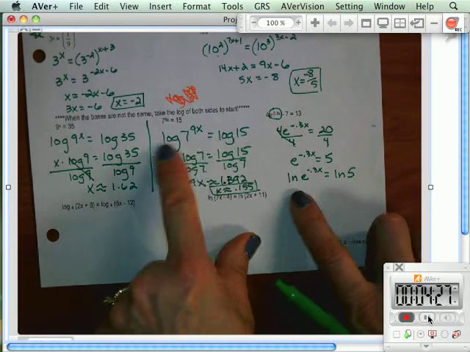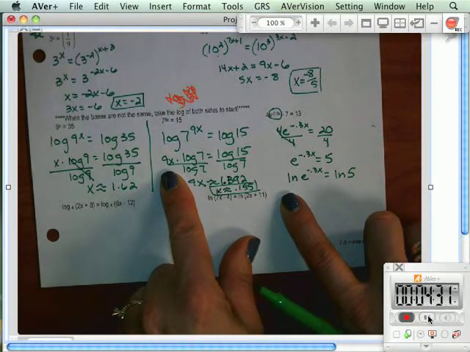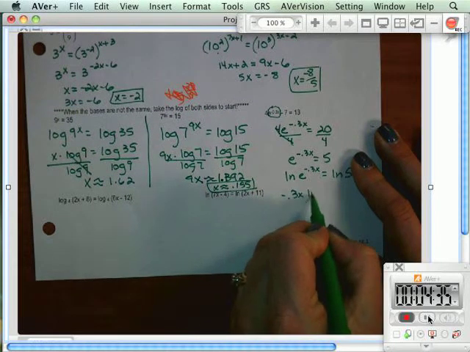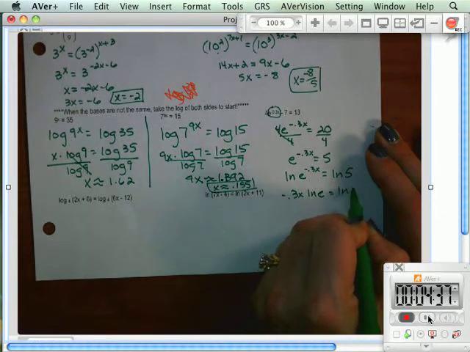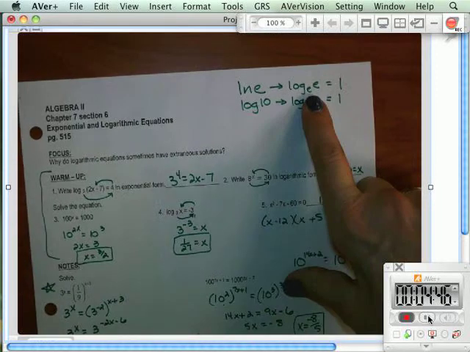Then what did I do? Brought the exponent in the front, right? Oh, what's ln of E? ln of E is 1. Okay? So this is basically just 1.